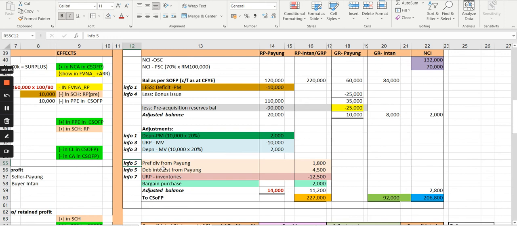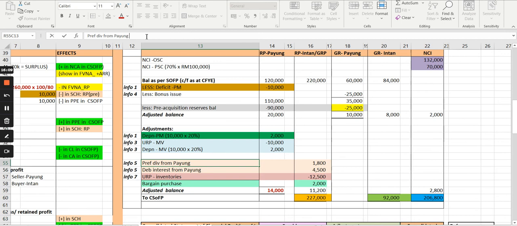So now we need to go and credit. To credit is to take the amount that was given in the question. The amount given in the question for the preference dividend was 6,000. That is under the column of the subsidiary, and you will multiply by 30%.